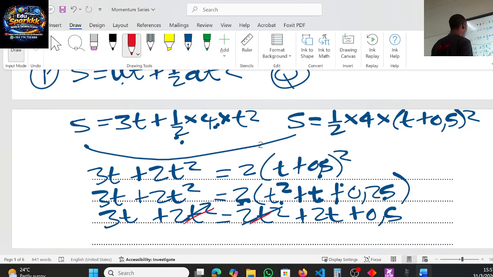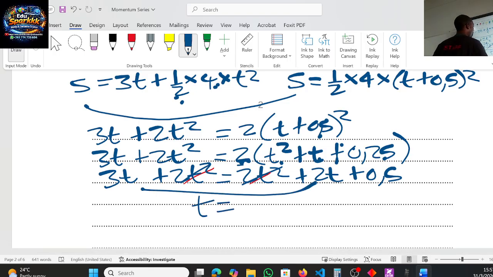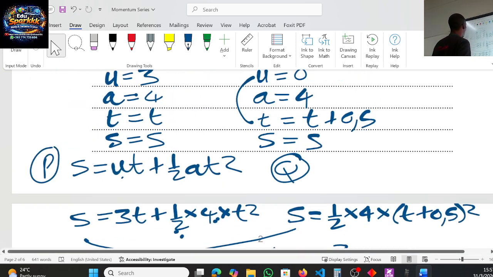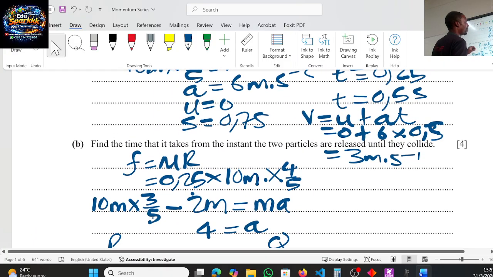So I'll end up having 3t and 2t. So when I collect them together, it will give me my time t equal to, when I transpose this, 0.5 seconds. So what it implies is it takes 0.5 seconds from the instant the two particles are released until they collide.